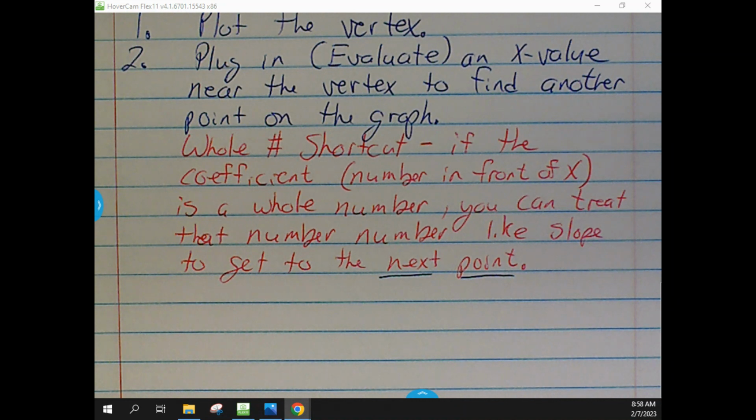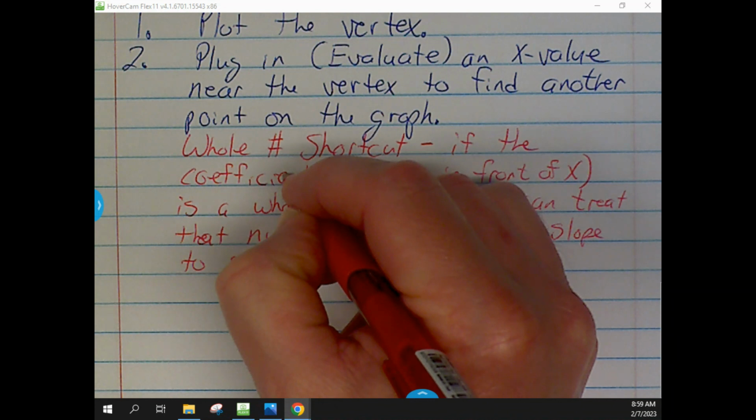Fractions, it does not work. We were doing this one year, trying to use this shortcut, and we did some fractions, and we were like, hey, that didn't work. So we tested a few more fractions and found out that if it's a fraction, it doesn't work. It only works if the coefficient is a whole number.